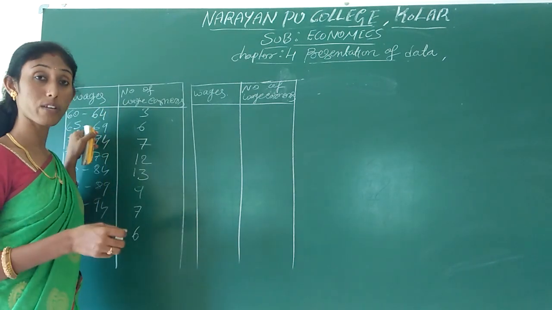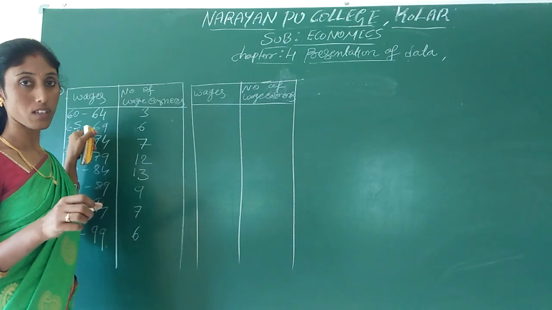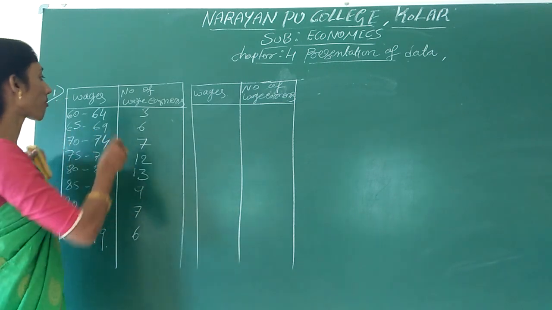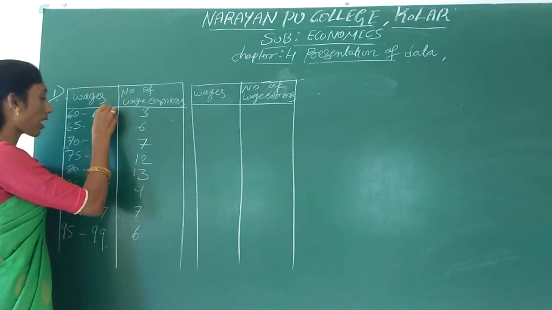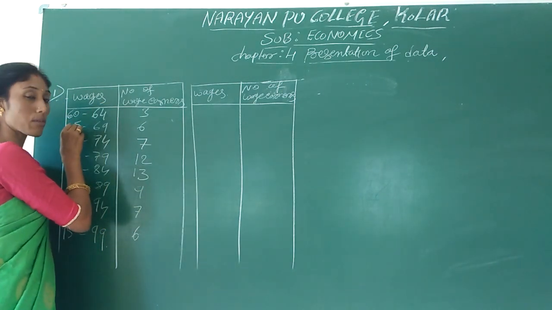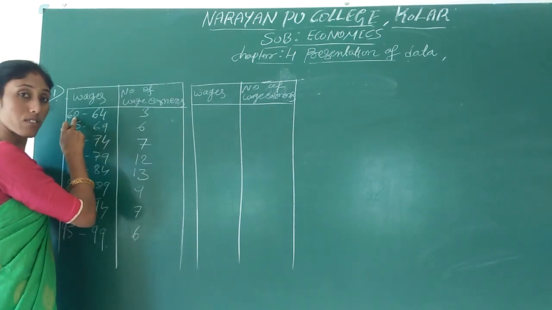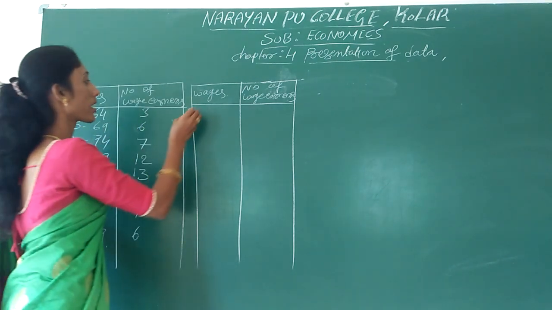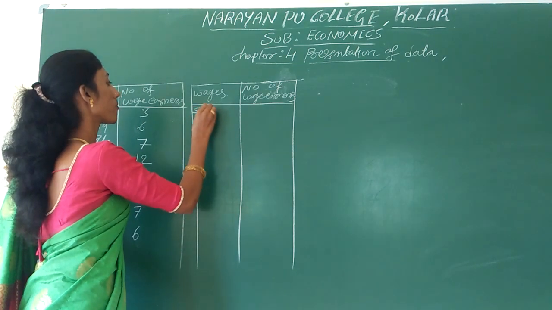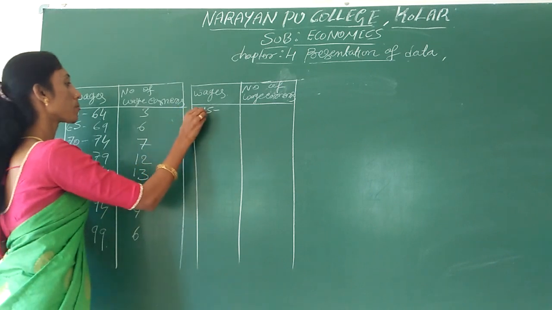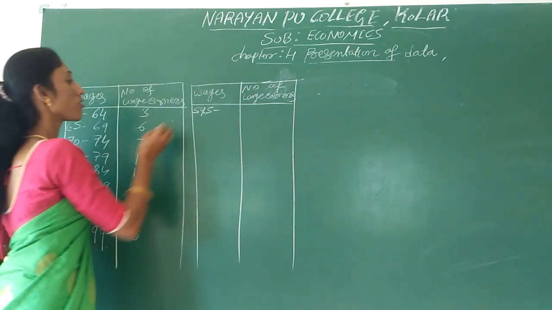We got 0.5 as the value. That 0.5 we add to the upper limit and subtract from the lower limit. Now the lower limit is 60. 60 minus 0.5 gives 59.5, and when we add 0.5 to the upper limit we get 64.5.